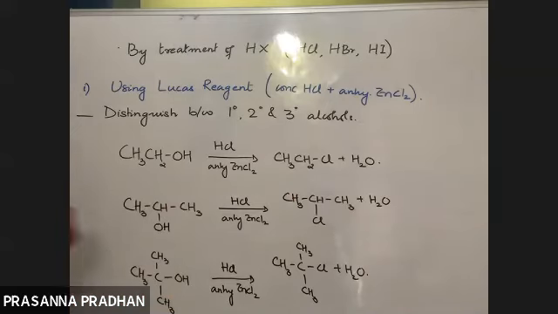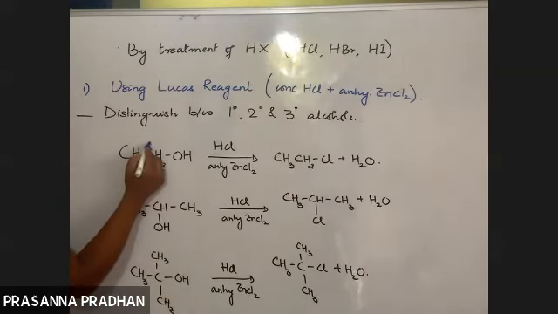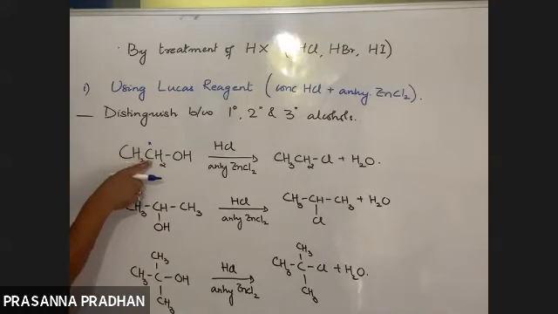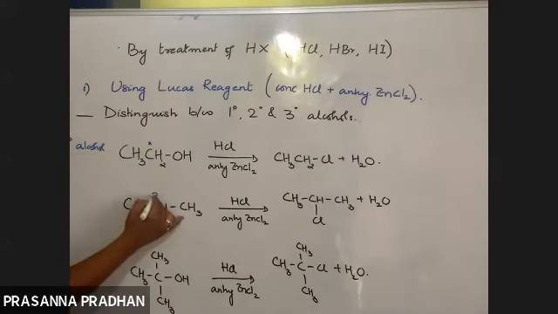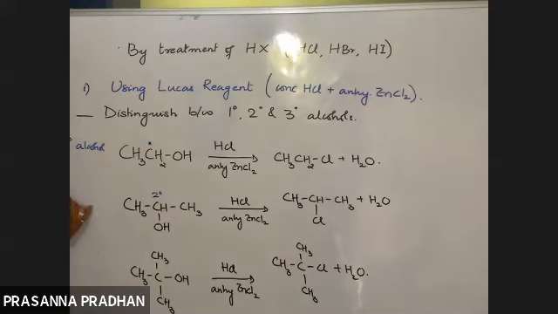Now here, look at the carbon to which the OH group is attached. If an OH group is attached to a 1 degree carbon, that alcohol is known as a 1 degree alcohol. Here the OH group is attached to a 2 degree carbon, so this is a 2 degree alcohol.